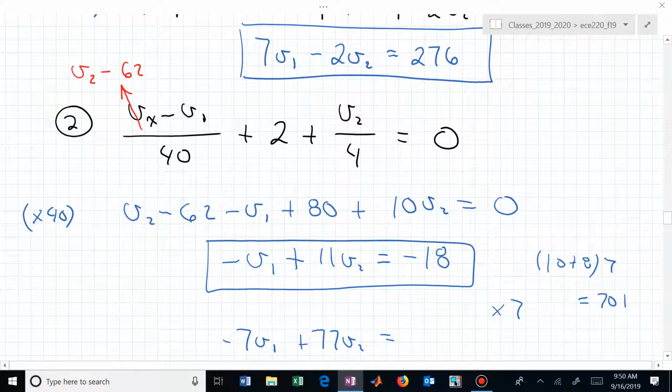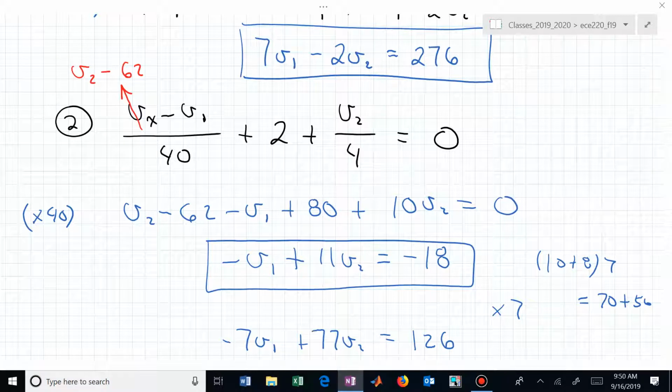That's now 70 plus 56, or 126. Now I just combine those two equations. I add them. And I get rid of my V sub 1. I'm solving two equations in two unknowns.